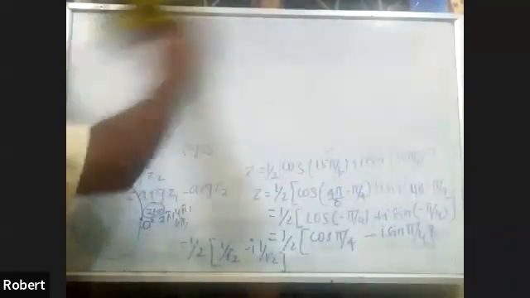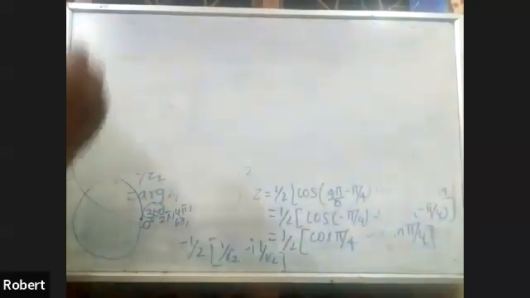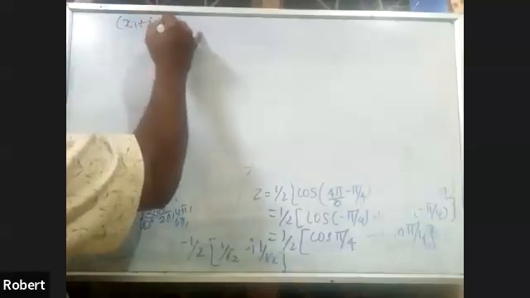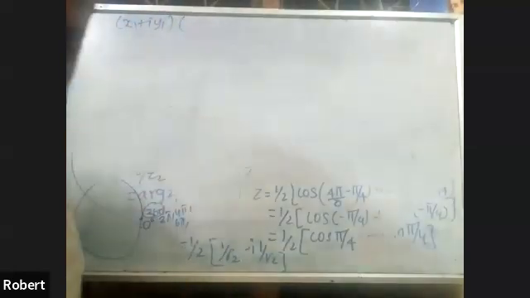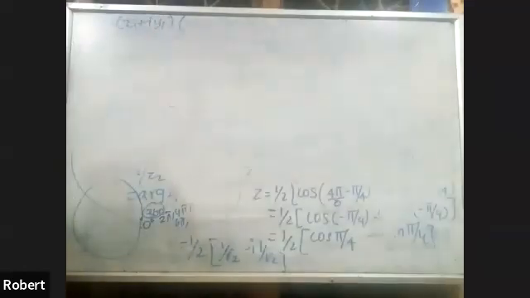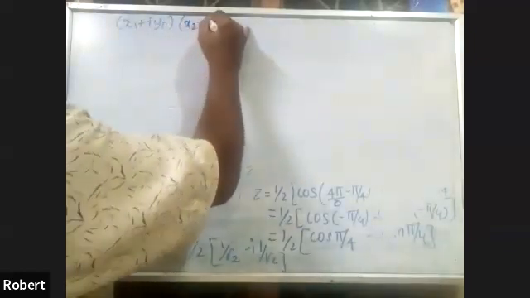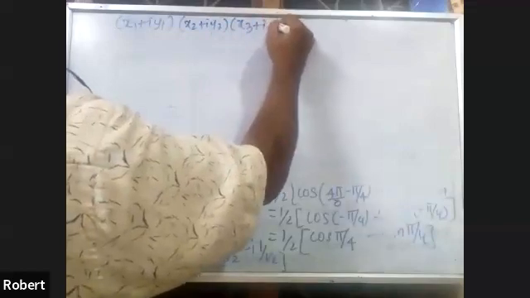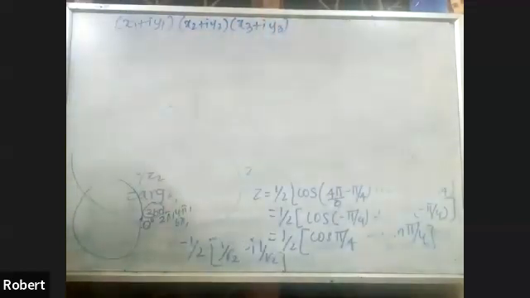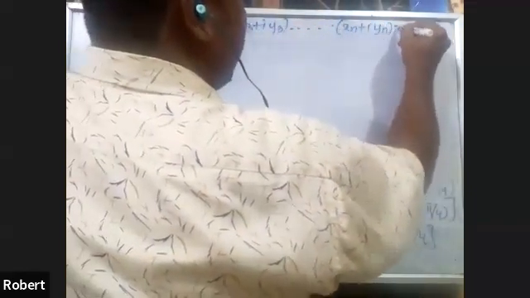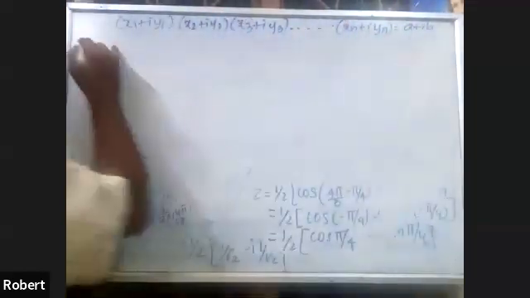So, a very important problem. Using the modulus and argument property, given that x1 plus iy1, multiplied by x2 plus iy2, multiplied by x3 plus iy3, and so on up to xn plus iyn, is equal to a plus ib.